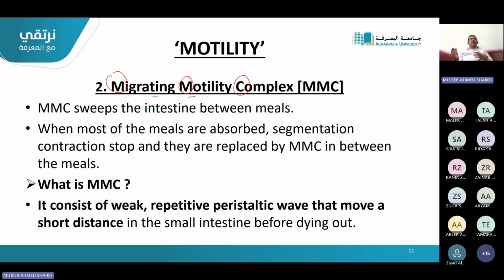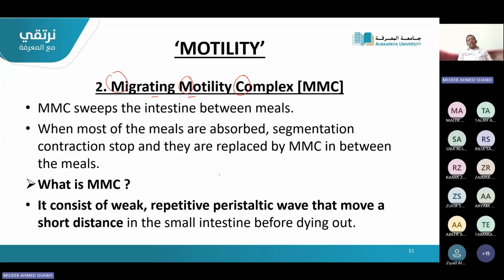So these are sweeping movements. They will push everything present, undigested, partially digested, some liquid, some enzymes, everything, to the next segment, so that it will receive the fresh meal. This is called the migrating motility complex.